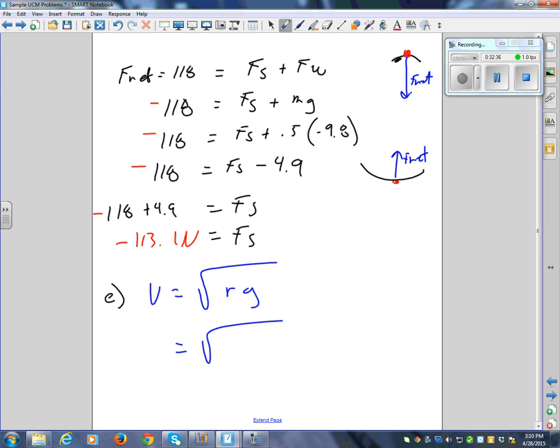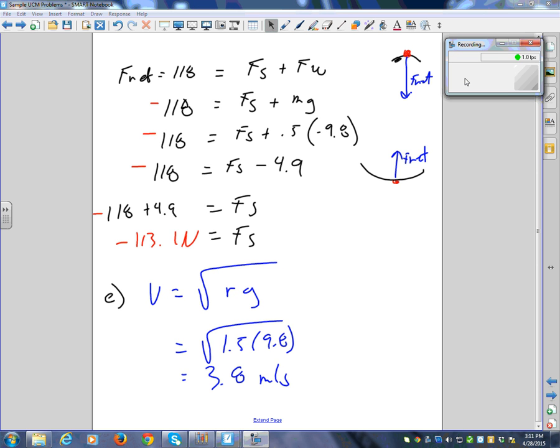Is it 1.5 or 1.5? I got 3.8. Good timing. Any questions there?